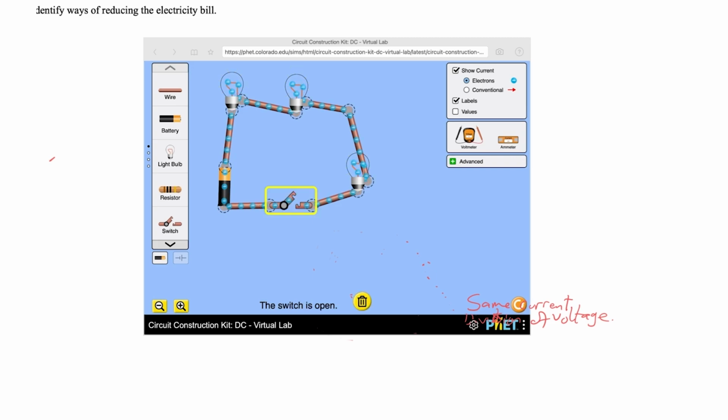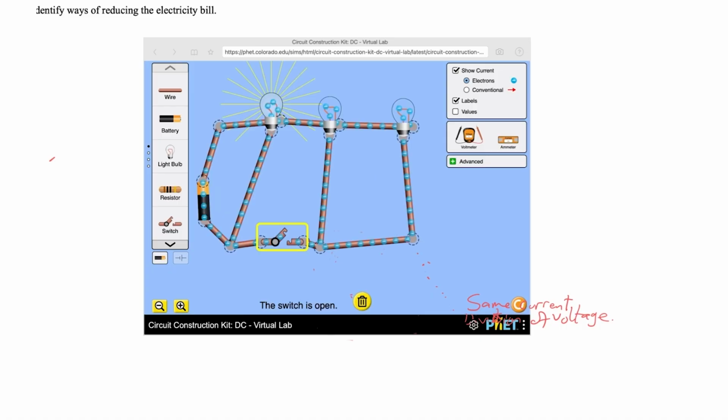Now I want to look at another arrangement of electrical appliances, and that is the parallel arrangement. Before us here, this is what we call the parallel arrangement of electrical appliances. We are using bulbs. We have 3 bulbs in this case: bulb 1, 2 and 3.